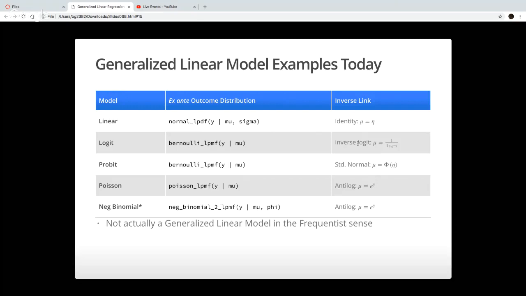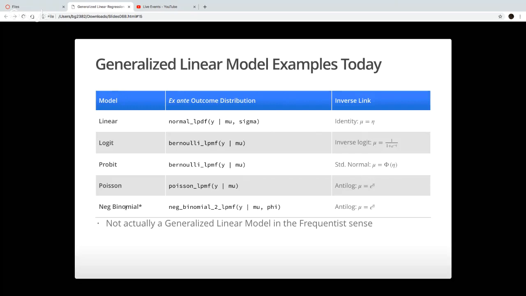It's still Bernoulli or binomial, but we change the inverse link function to be the standard normal CDF rather than the standard logistic CDF. And now we have supposedly a different model, but it's actually very similar. We're going to talk about Poisson and negative binomial next. Also, or at least the Poisson is.